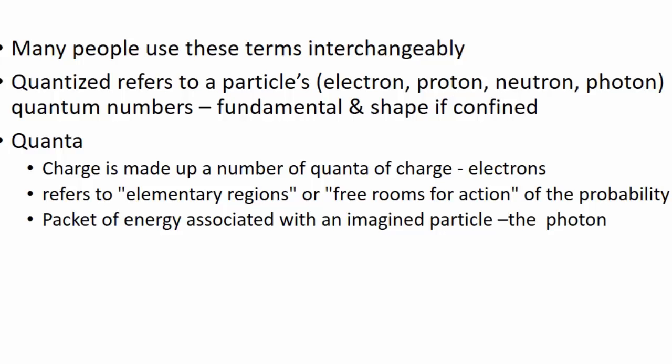Now we come along to a very precise scientist called Planck, and this is a direct quote from his Nobel Prize speech. He had a different idea of quanta, and it's to do with probability. And this is his words exactly. They're called elementary regions. So a region, you think of an area.